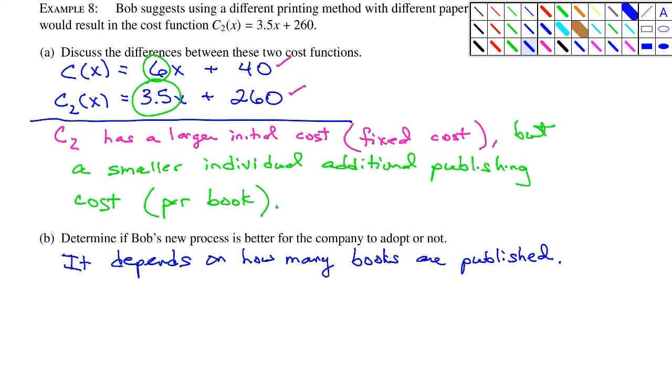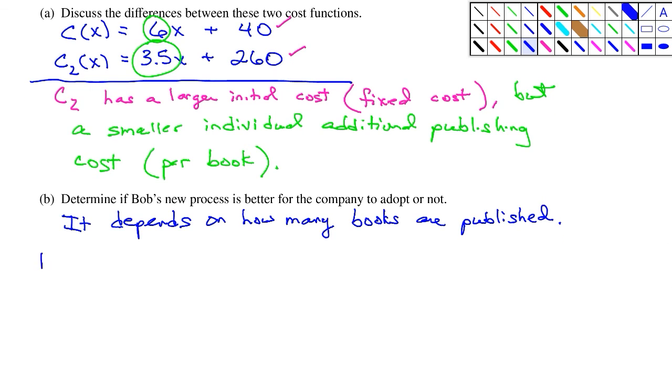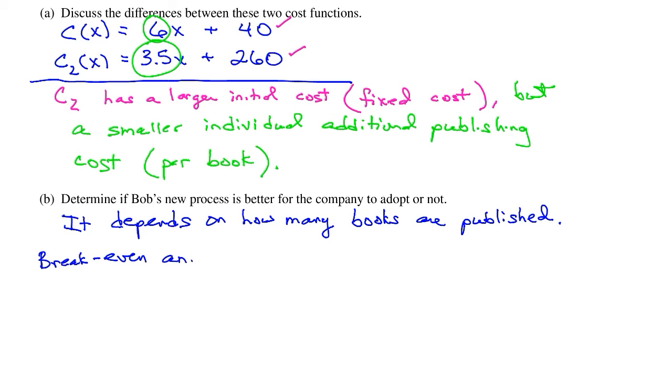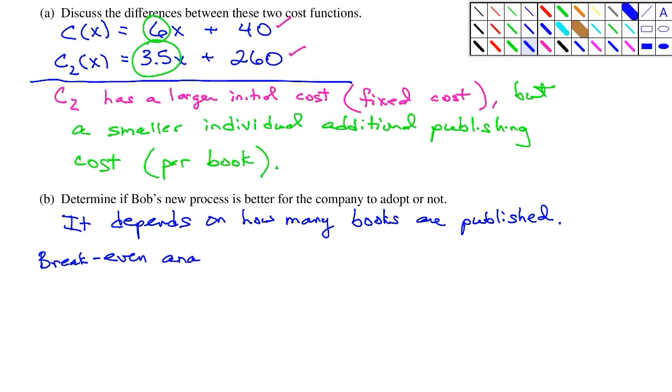So now your boss is going to want to know, all right, well, which one is which? How do I know? So what we want to do here is called a break-even analysis. It's similar, but just slightly different from the other break-even stuff that we've done already. But it's basically the same idea.